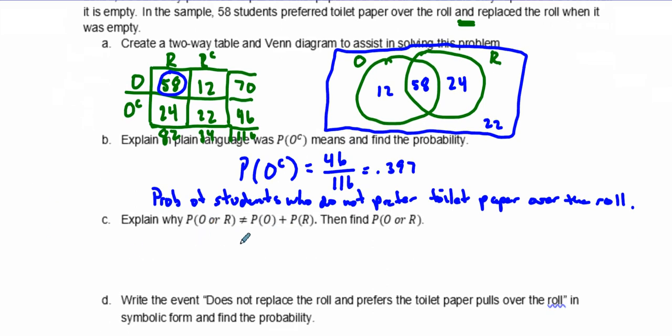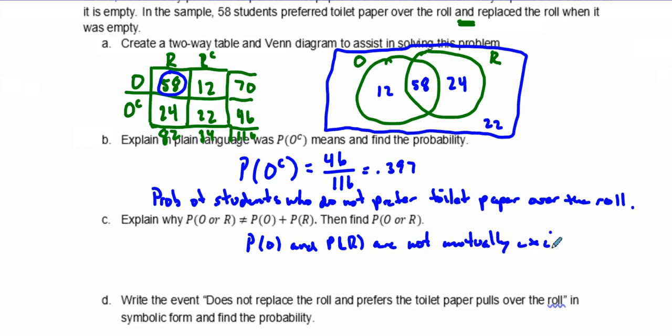Now explain why this is not equal to that. Well, first off, the probability of O and the probability of R are not mutually exclusive. And so what that means is that if we want to find this probability, we can't just take these two and add them together, because there is an and statement.